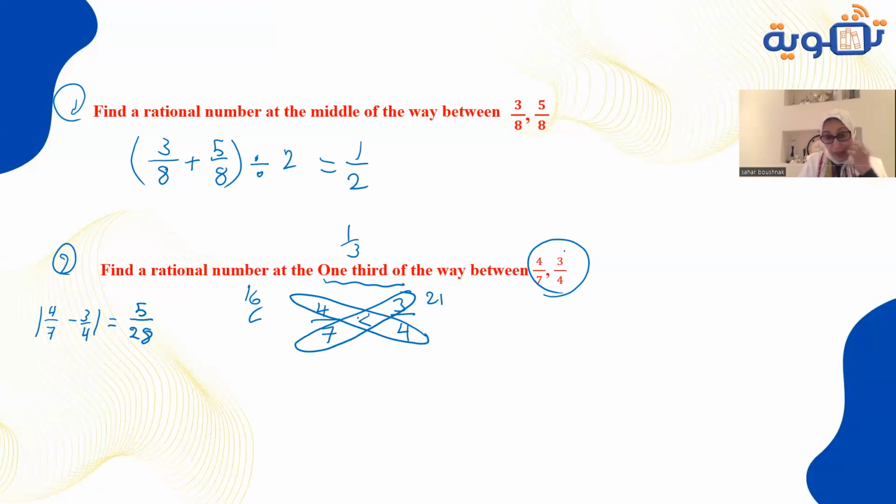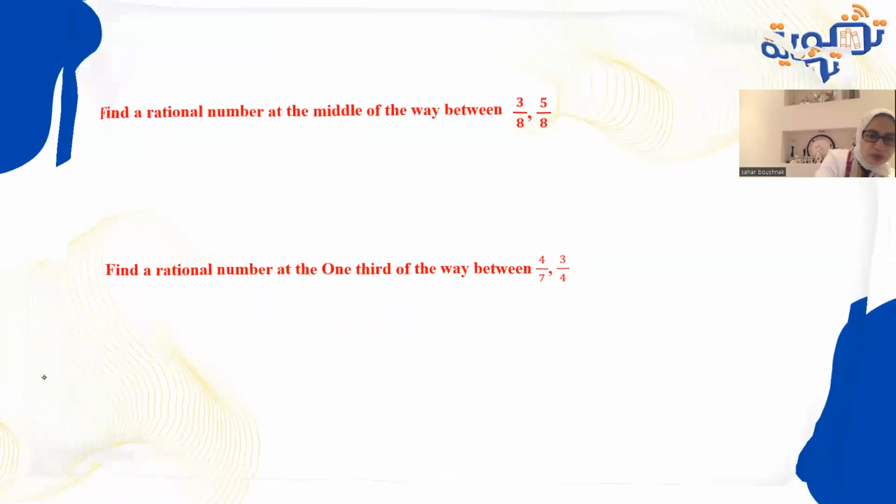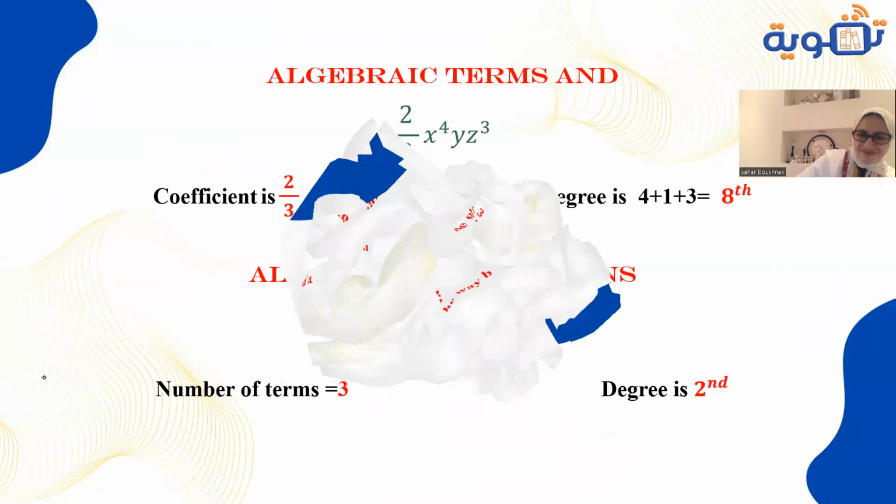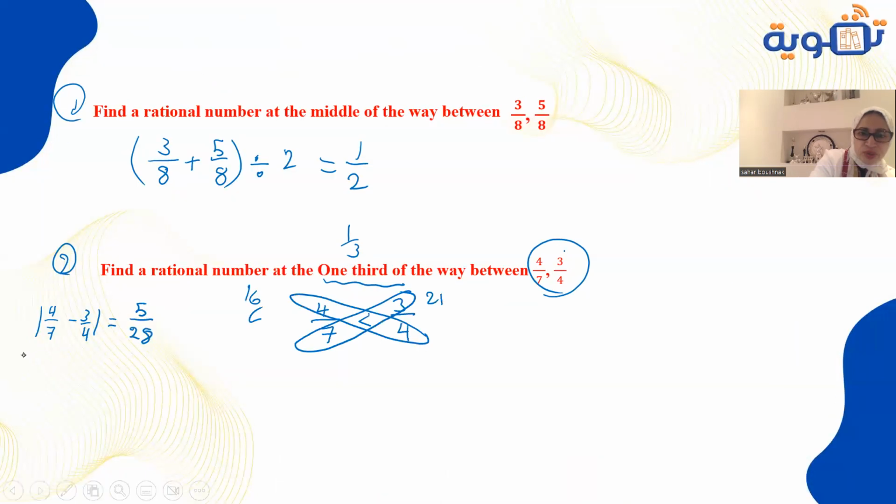In this question, sometimes he asks you to use the small number. So if I'm using the small number, I will use 4/7 in the beginning. And because it's small, I will add 1/3 multiplied by the distance I calculated in the second step. Then I'll get the answer. This is if he asks me for the small number.